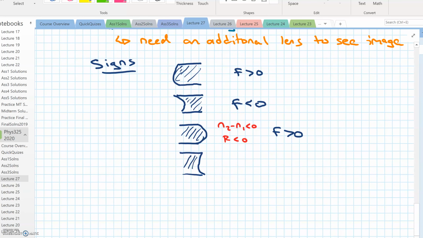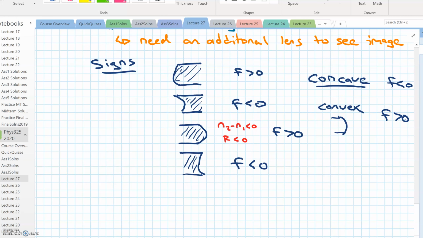And finally, if we have a concave lens face the other way, again we have F less than 0. So a good way to remember it is concave. I like to think of that like a cave. It caves in. Will always lead to F, a negative focal length. And convex will lead to a positive focal length.